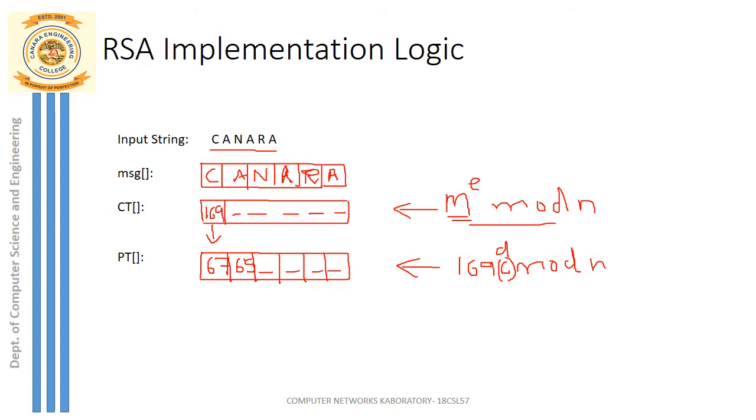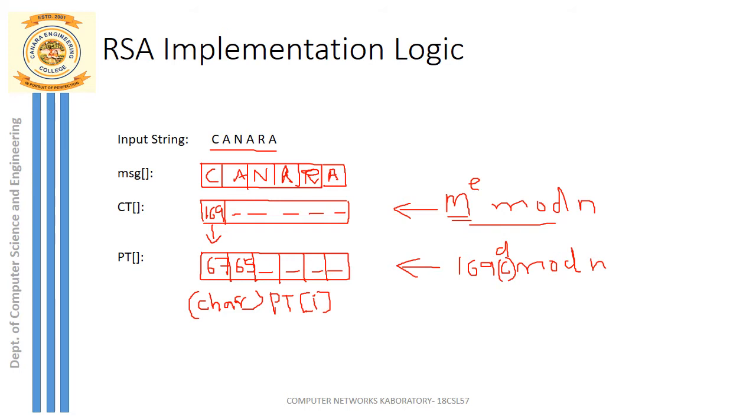In order to print the character, we typecast this content. While printing, we can print the character of PT of I, which will print the character held in that element of the array. So this is the simple logic behind the RSA implementation.